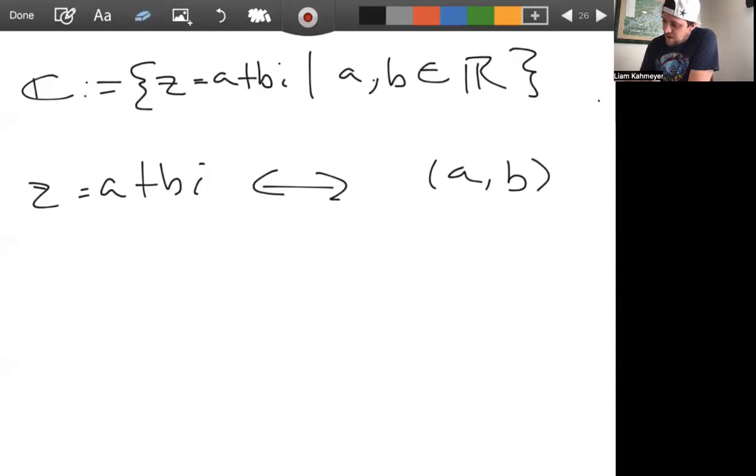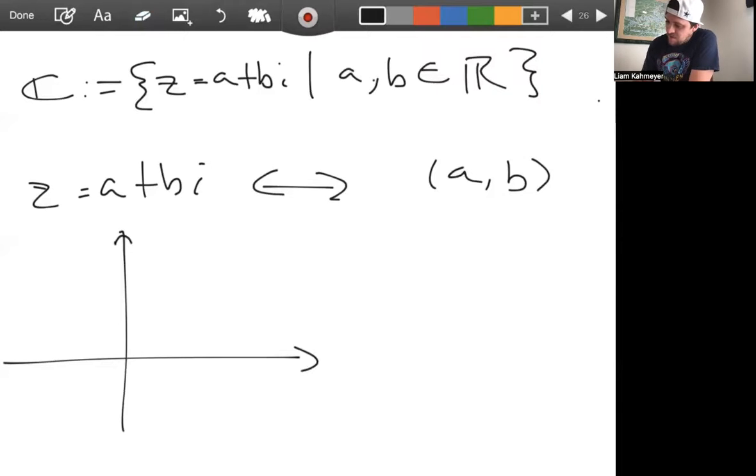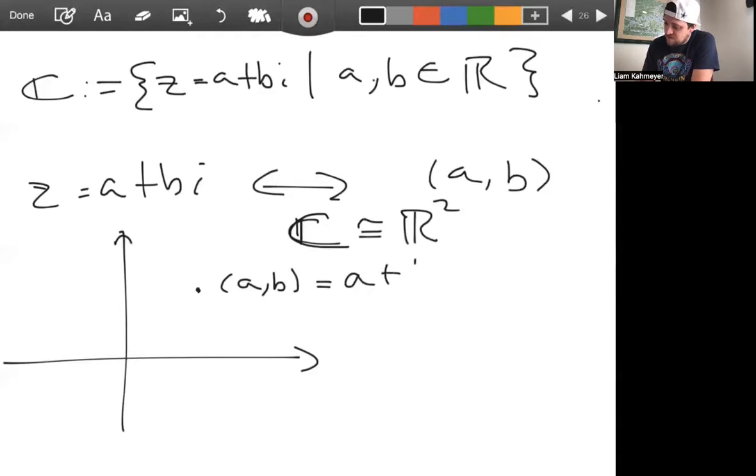So let's look at the complex numbers as living in the plane, right? We'll just identify the complex numbers with R2 here, where the ordered pair (a, b) is the same as saying a plus bi in this context, right?